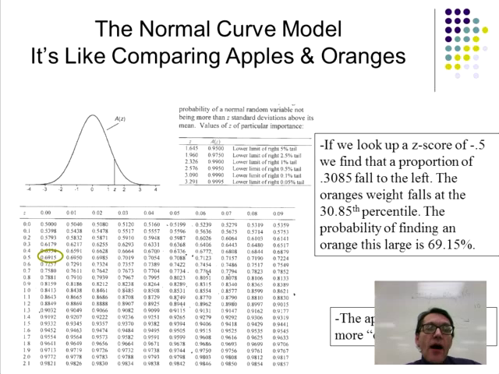And so if I was to just grab an orange at random, 69.15% of the oranges would be larger than this orange. So just looking up that one number in this z-score chart, I got all of these other pieces of information falling out of it.